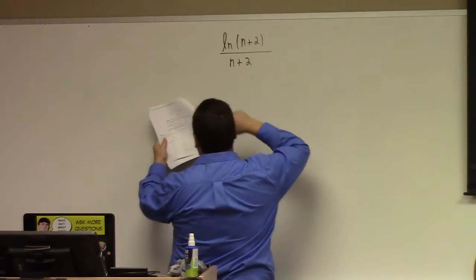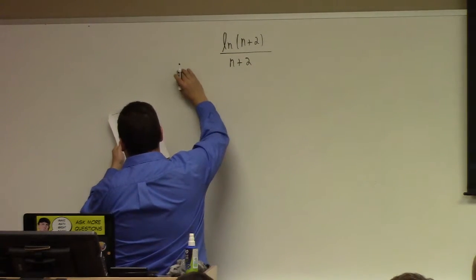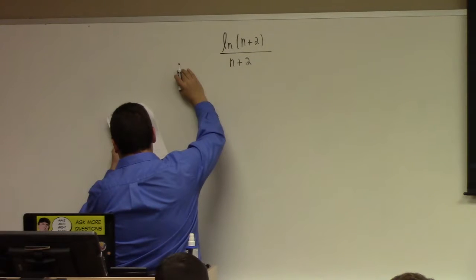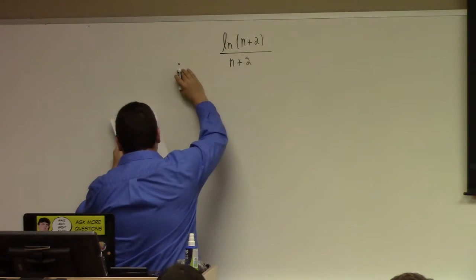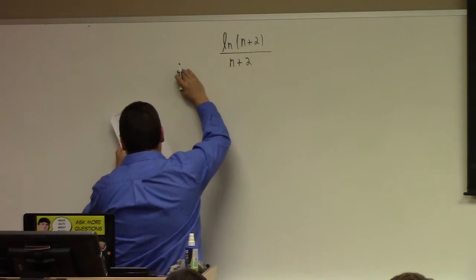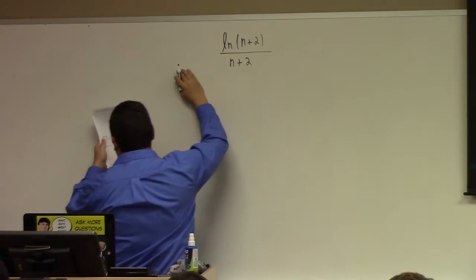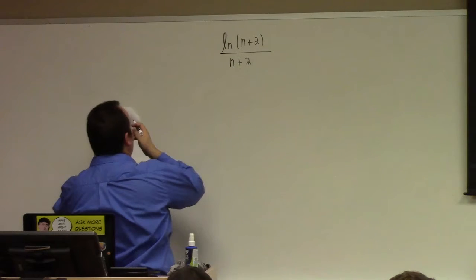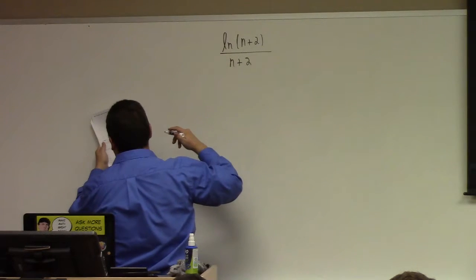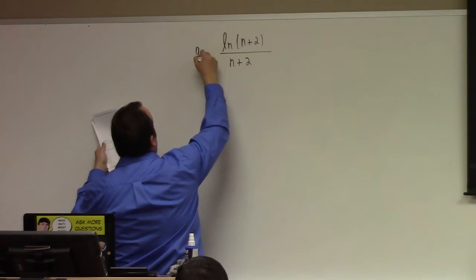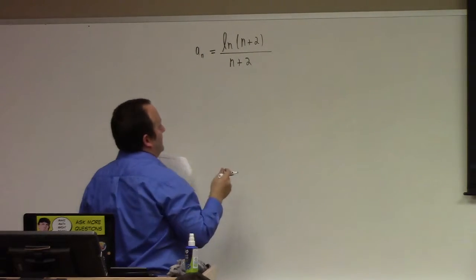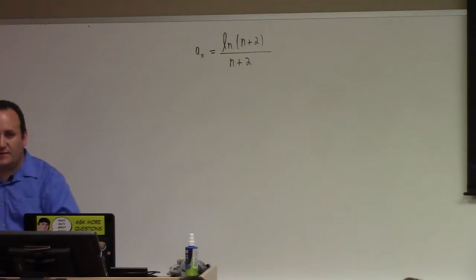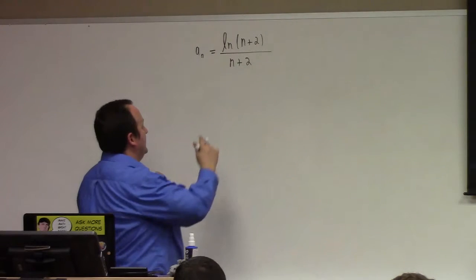And we're supposed to calculate the limit. Oh, wait a minute. We're supposed to determine the boundedness and monotonicity of the sequence with a sub n indicated. So this is my a sub n, I suppose. Whew, man, like a moth to a flame, I just want to apply L'Hopital's rule to this thing, you know?